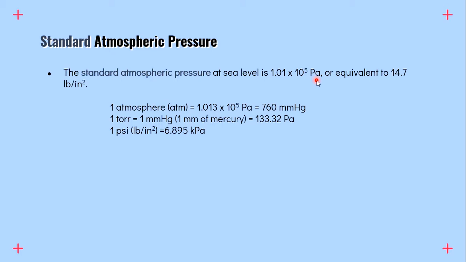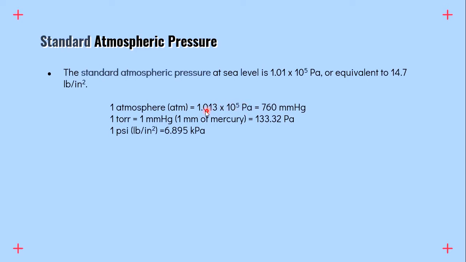But some areas are below sea level, so there is a thicker layer of air above that location. So the pressure there is more than this atmospheric pressure, but it is assumed that anywhere this is the standard atmospheric pressure.